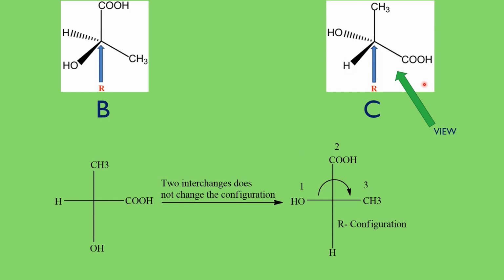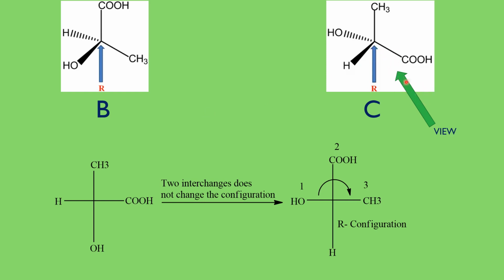Now let me assign the configuration for this molecule, for which let me convert this flying wedge formula into Fischer projection. Now I am standing here to look at this molecule. I am viewing the molecule from this direction.